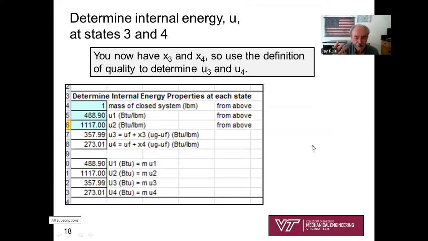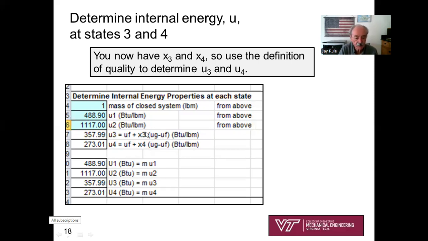The next thing in our planning phase is we need internal energy for 3 and 4. Well, we just found X. I see on this slide that I didn't repeat what X was. I just wrote down U1 and U2. U3 is going to be UF plus X3 times UG minus UF.